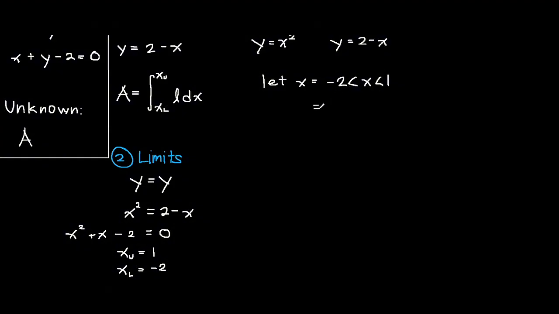So pwede maging negative 1, pwede maging 0, pwede maging 0.5, pwede maging negative 0.167, mga ganun. So on, so forth. Basta nasa gitna siya ng limits natin. So in this case, just to simplify, we can assign x is equals to 0.